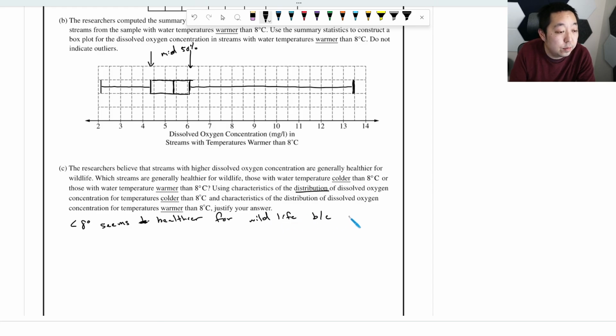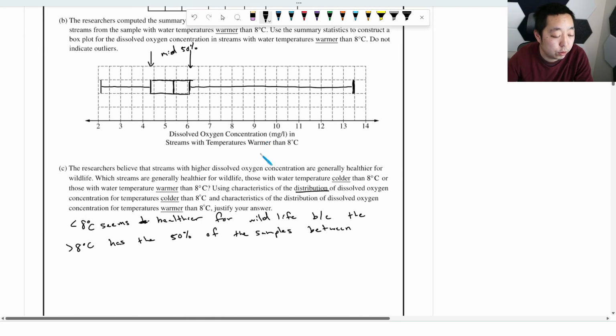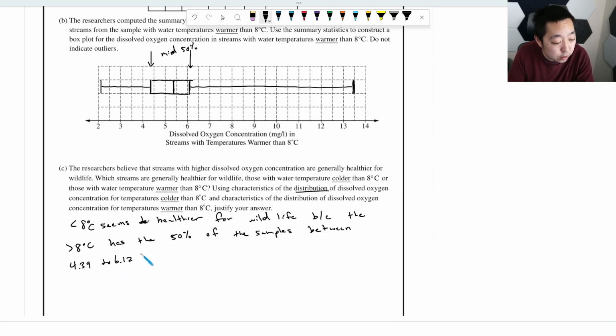Because the greater than 8 degrees Celsius has 50% of the samples between, and then use the Q1 and the Q3, between 4.39 and 6.12 milligrams per liter.